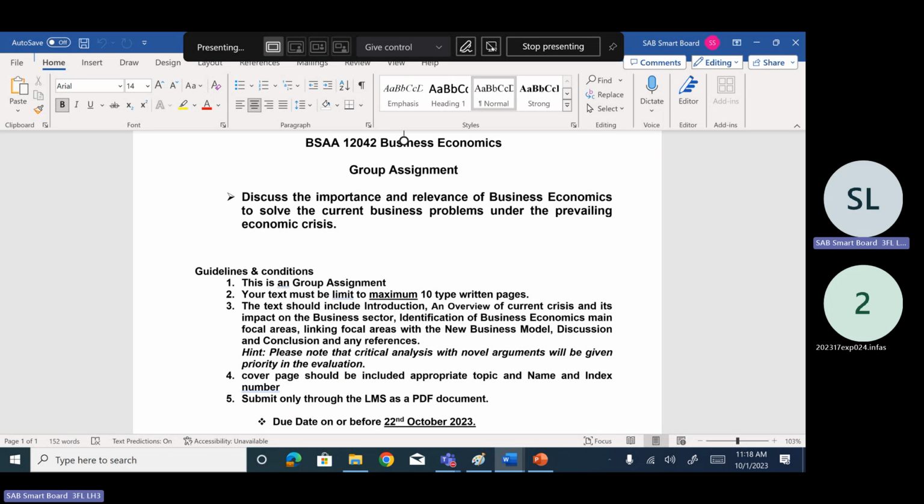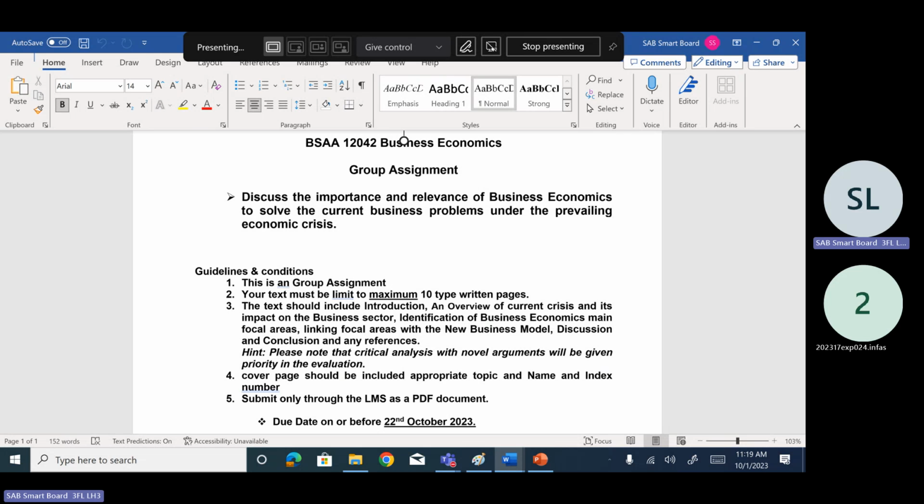Or to explain the problems faced by the organization under this economic crisis, financial crisis, because we know that financial crisis affects organizations in different ways, especially small and medium industries. There are so many stories you may have heard regarding small and medium industries.